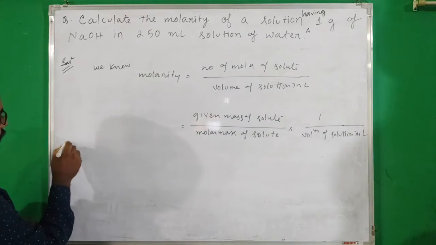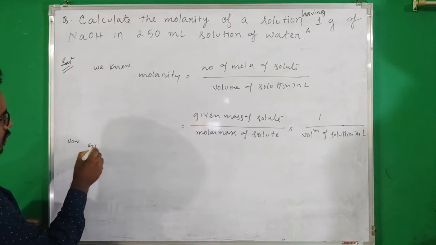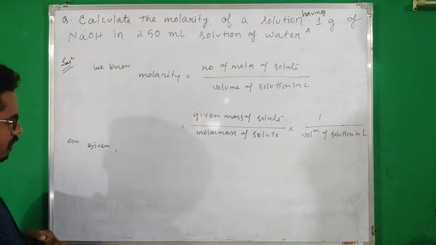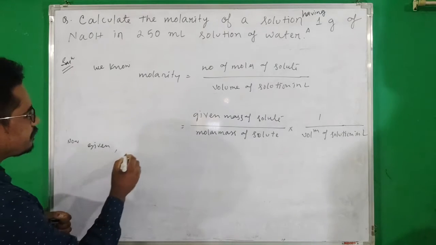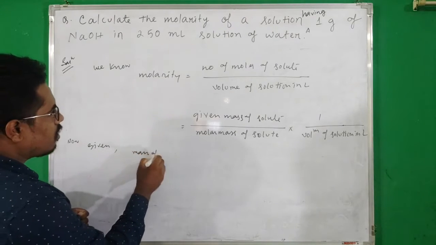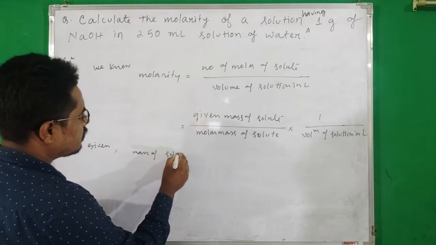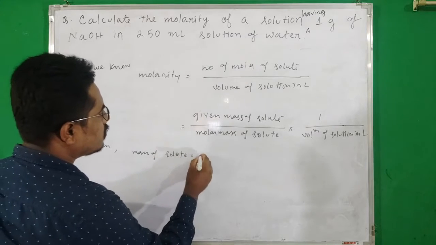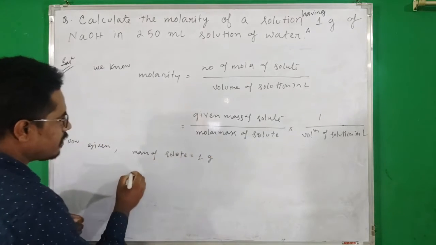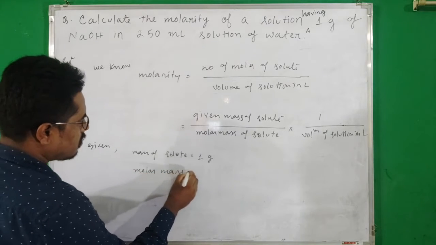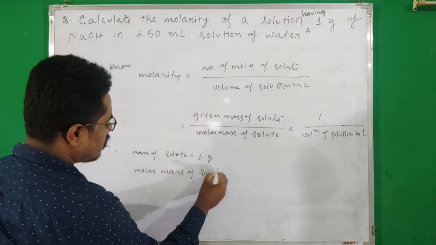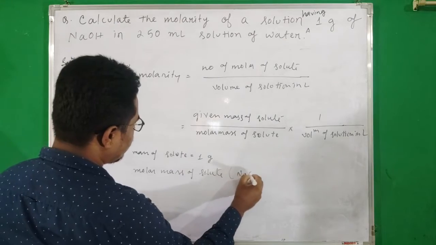Now we have to identify the given data. The mass of solute is 1 gram. Next, the molar mass of solute, that is sodium hydroxide.